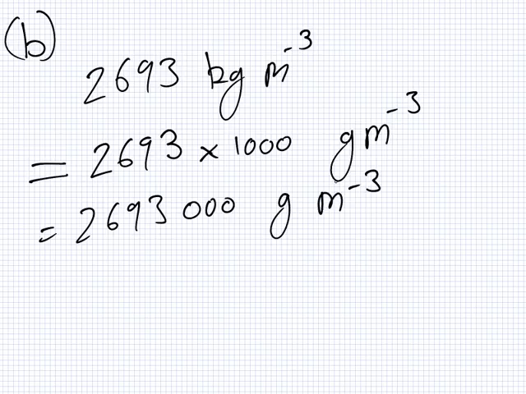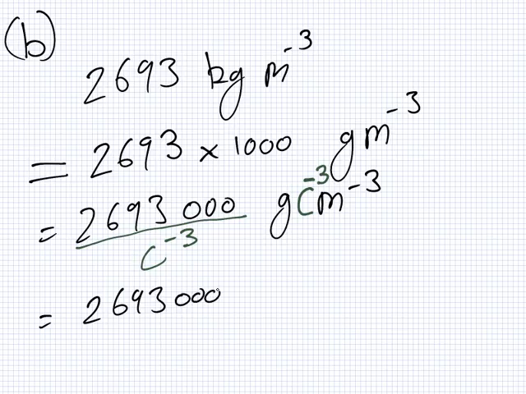Now I don't want grams per meter cubed. What do I want? Grams per centimeter cubed. So what do I need here? Centi minus 3. And we keep another one with the bottom. That's it. Centi minus 3. So I'll have 2693000 over 0.01 minus 3, whatever it is, yeah.